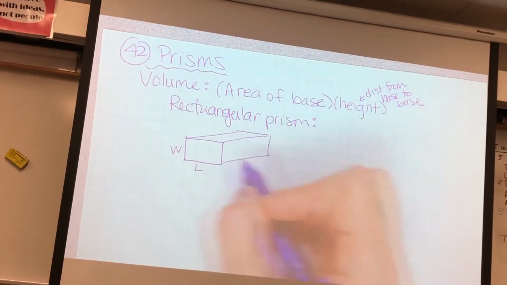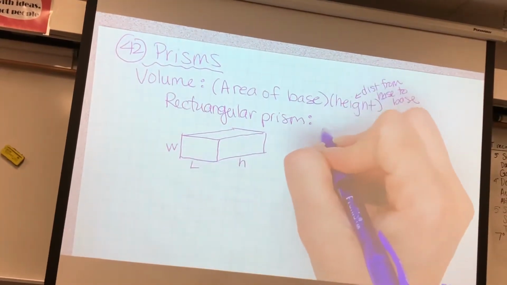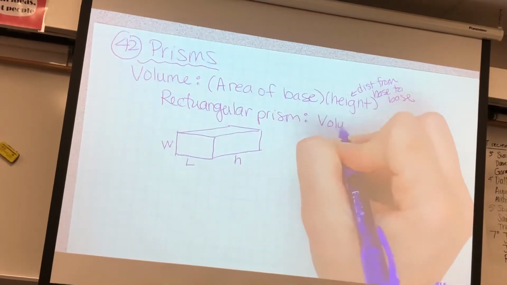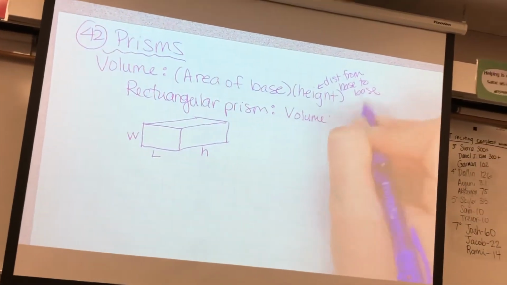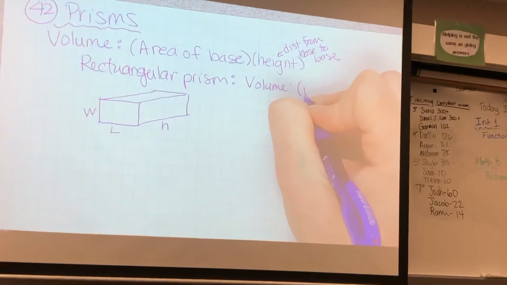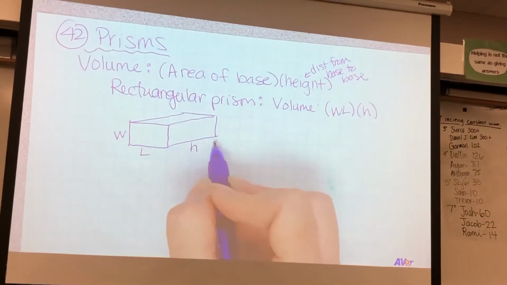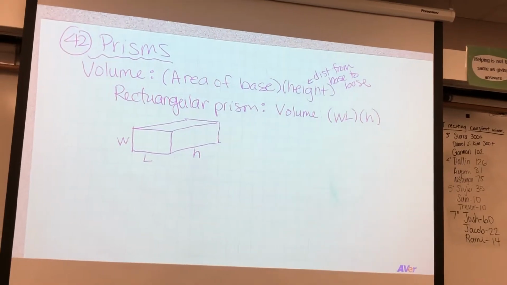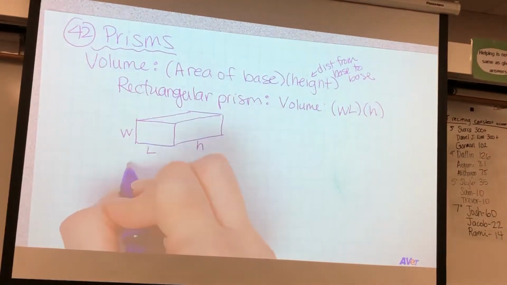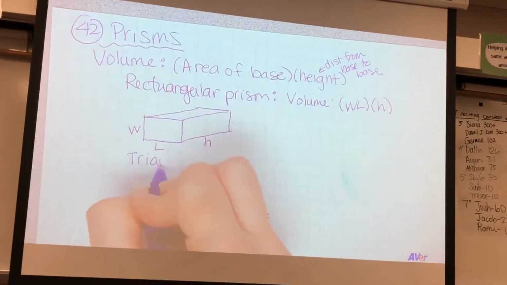So if I take the area of the base, right, if I'm trying to find the volume, it would be the area of the base, which is length times width, times this height. Simple enough, right? Let's think about a triangular prism.